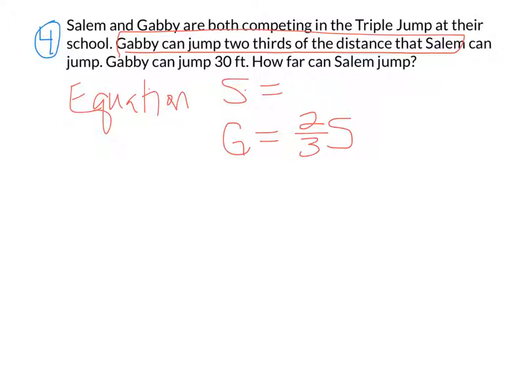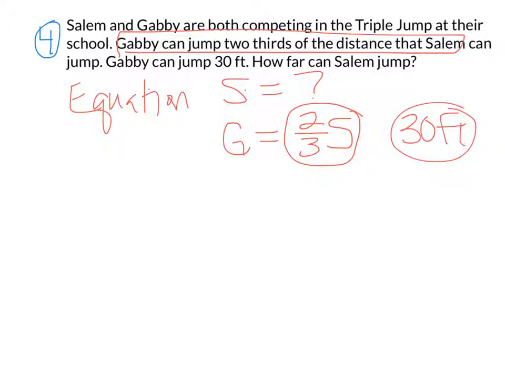And we want to know, if Gabby can jump 30 feet, how much can Salem jump? So we have two things for Gabby here: she's 2/3 of Salem and she has 30 feet. So I know that she equals 2/3 of Salem and she equals 30 feet. So I can set up my equation: 2/3 of Salem equals Gabby, which is 30 feet.